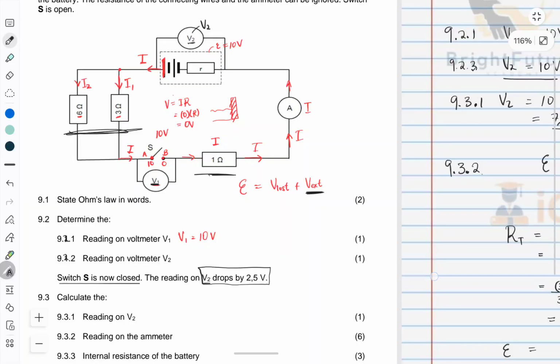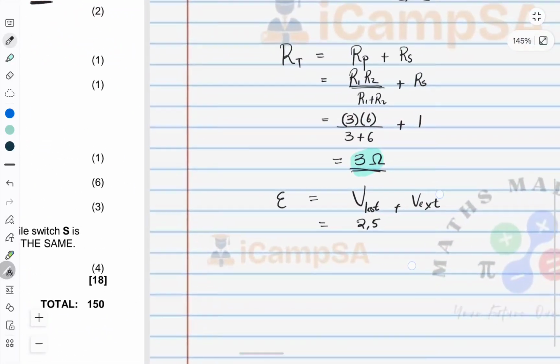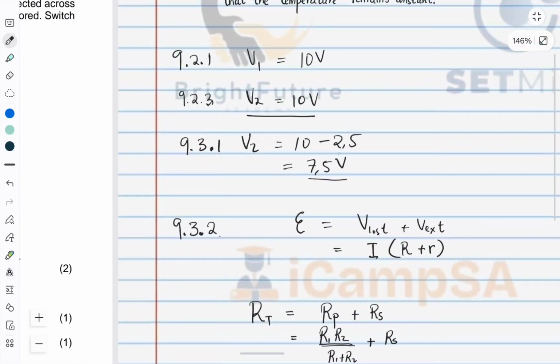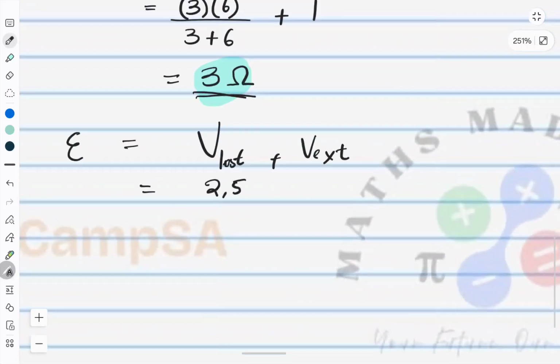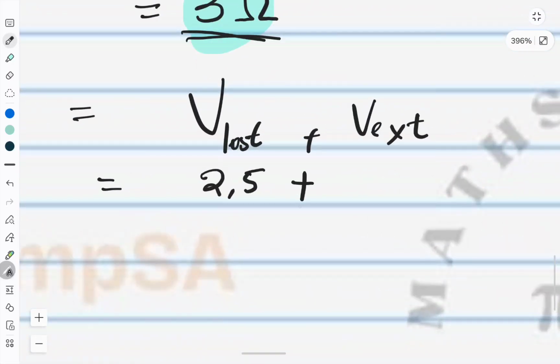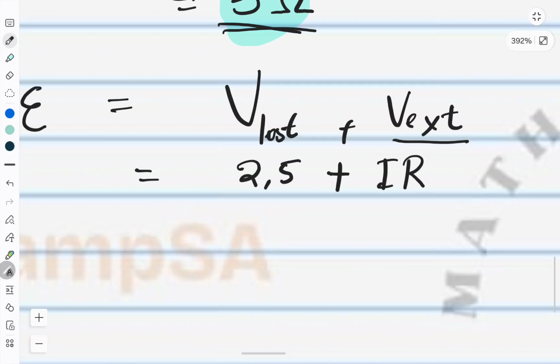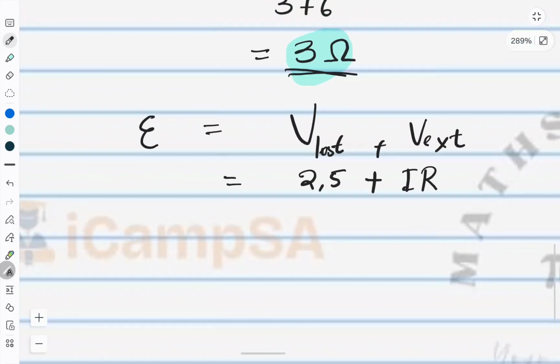So 2.5 is the lost voltage. We are sure about that. So V lost plus I times R. We know V ext, but let's just use I times R. And then now we have 10 here.